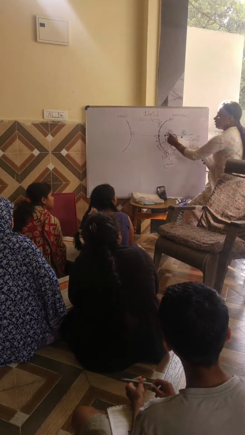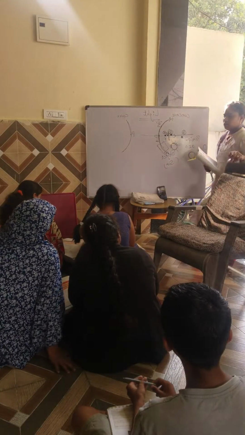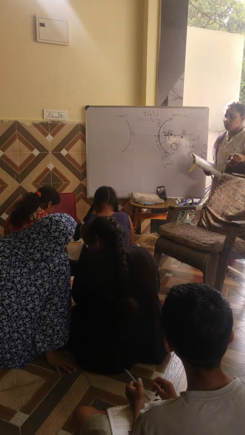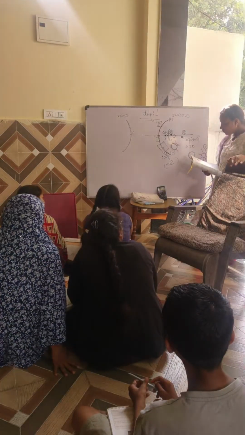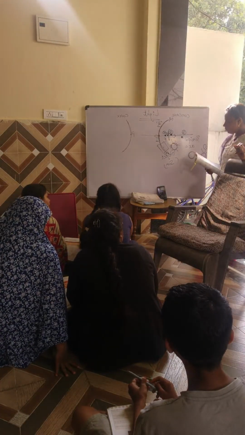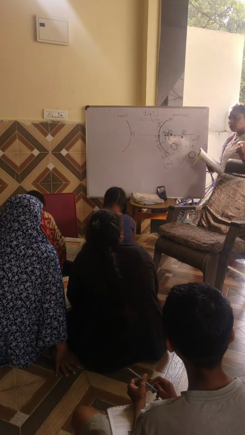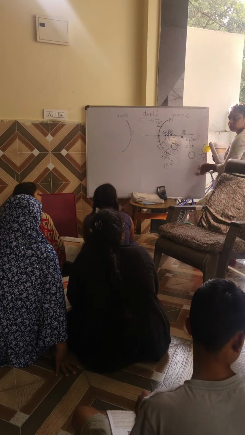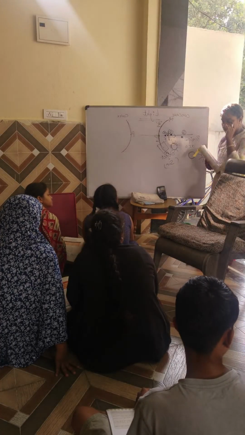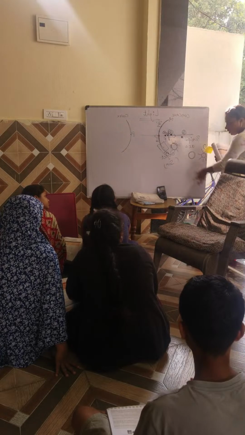Suppose you keep the object at F, the image position will be at infinity. We cannot see that image. At infinity, it will come very far.